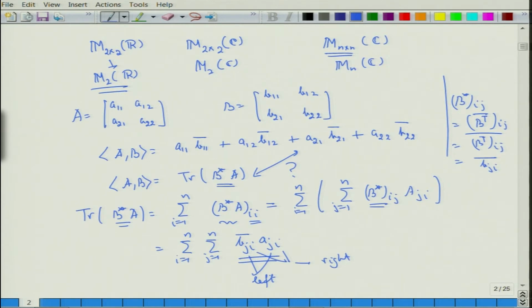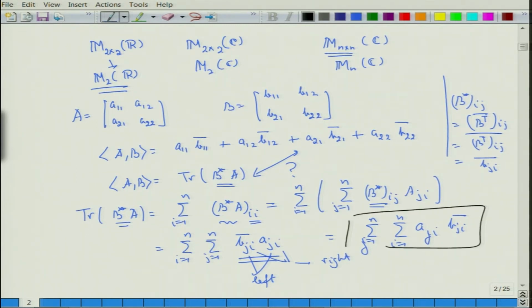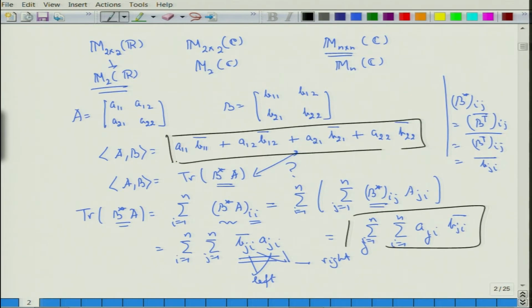Or you can interchange the two things whatever way you want. You can also write it as, because the summation is over both i and j, first j equal to 1 to n and then i equal to 1 to n, aji into bji bar, or whatever way you want to write it. So you can see that these two expressions are the same. Fine. So aji and bji bar, you are getting the same thing.